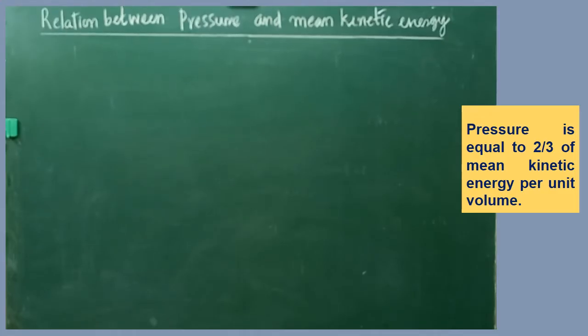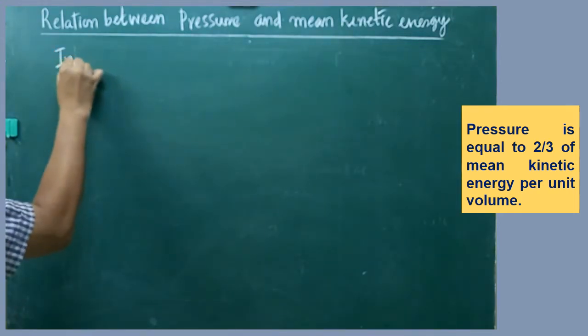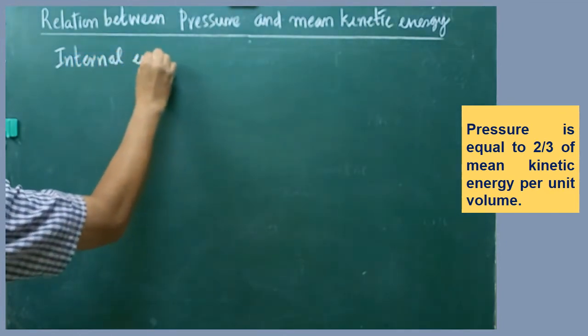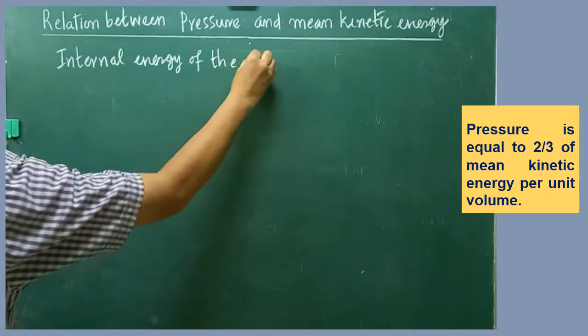Now we are going to derive the expression for pressure in terms of mean kinetic energy. How to start with? In the previous video, we derived the expression for internal energy of the gas.